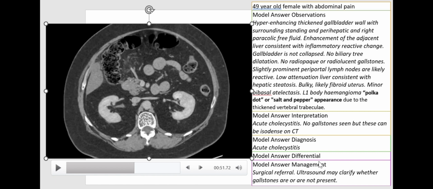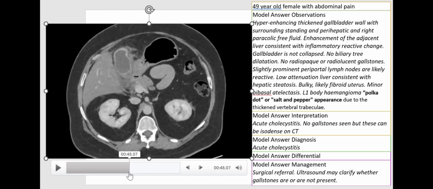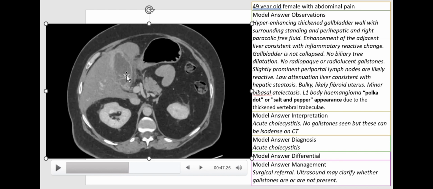That's why in the management, this patient needs more radiological investigations. This patient needs ultrasound of the abdomen to confirm whether this patient has gallbladder stones or not, which is important in the management.